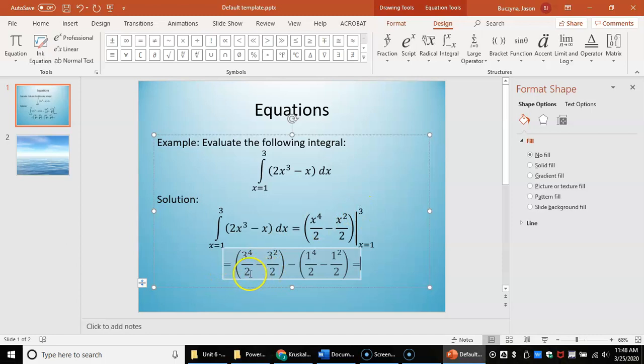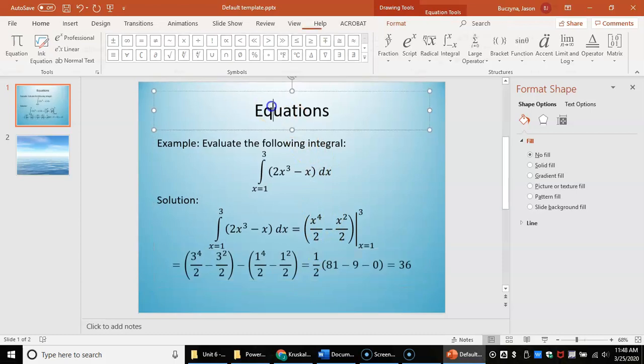And that actually would have a common factor of 1/2 right here, so we can just pull that out. So we have 81 minus 9, and then the 1 minus 1 in here cancels, so we just have a minus 0. So that's going to be 72 over 2, which is 36.